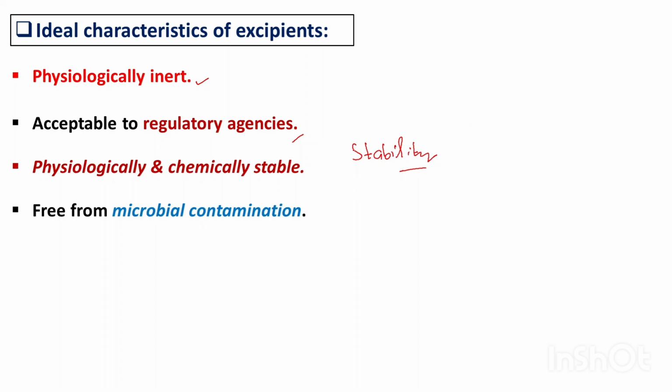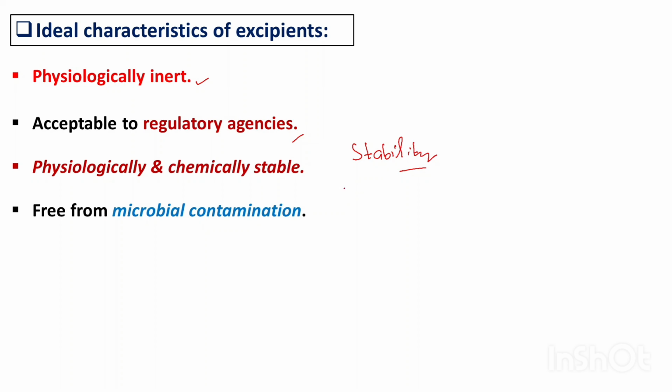If the excipient is suitable for microbial growth, then it is not suitable to add with API to make a dosage form, because microbial contamination will destroy the stability of the pharmaceutical dosage forms. Also, it will create problems after ingestion, after the patient takes it, right?